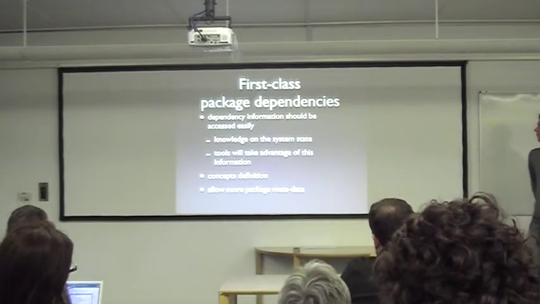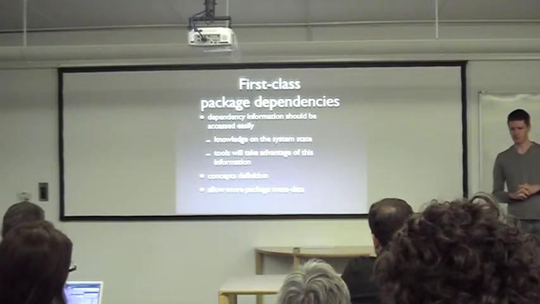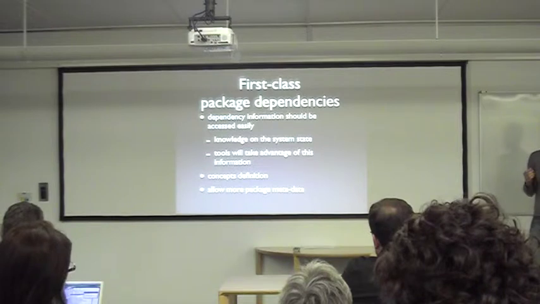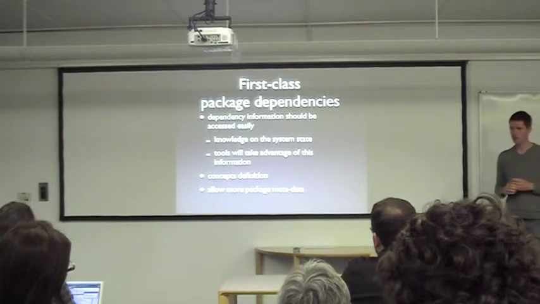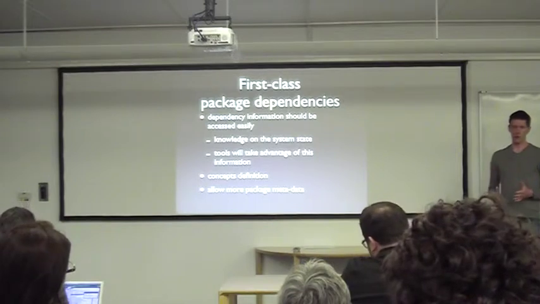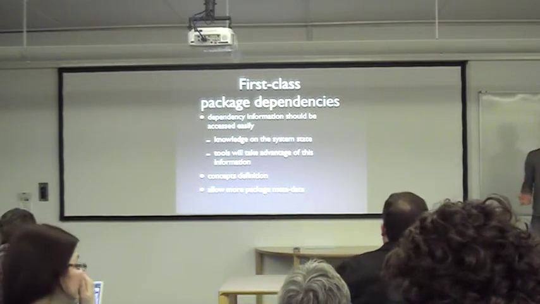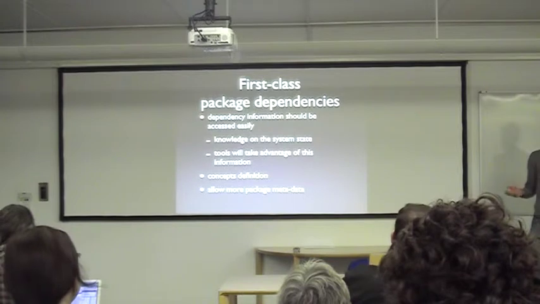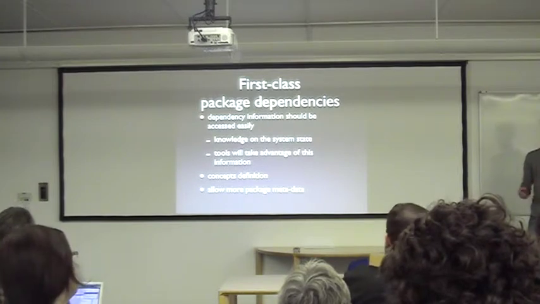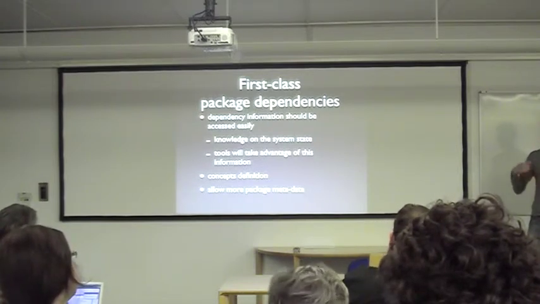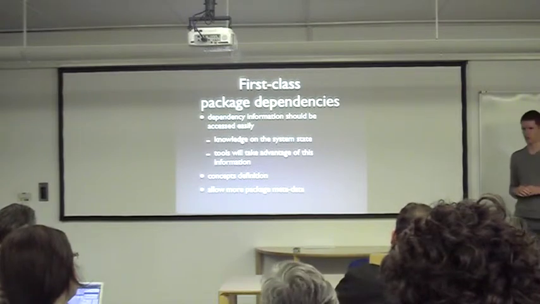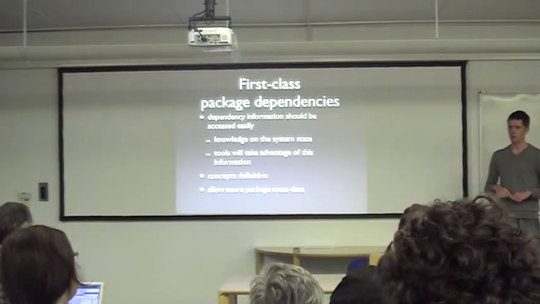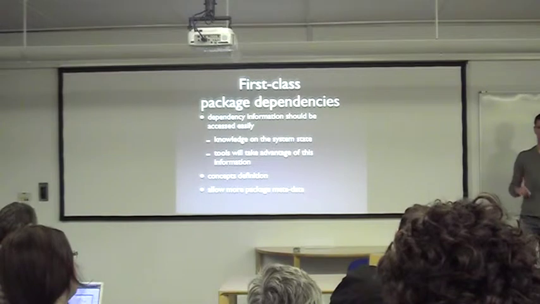So, the first point, having first-class package dependencies. As I said, package dependency information is really essential to have knowledge of the system state. What are the packages already installed in my system? What are their versions? If I want to install a new package, will I override a package already in the system or not?